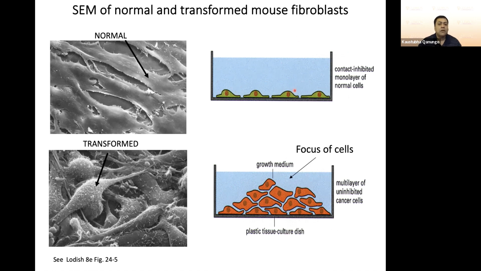At that time, we add the EDTA and trypsin solution so that these cells will come off. Again, we talked about the calcium. Think about that. The calcium will disrupt all the cadherins, integrins, and IgCAMs. So the interaction between the matrix as well as between the cells will be broken.